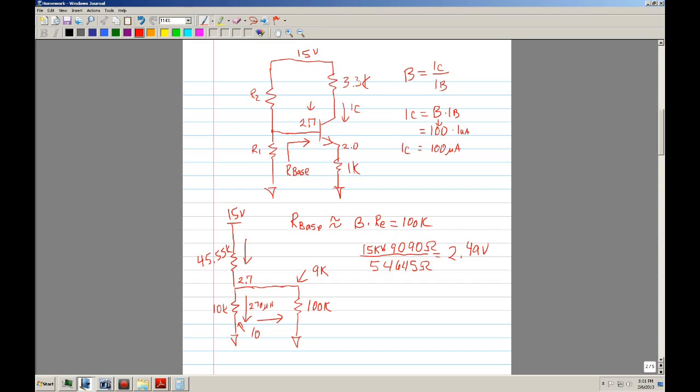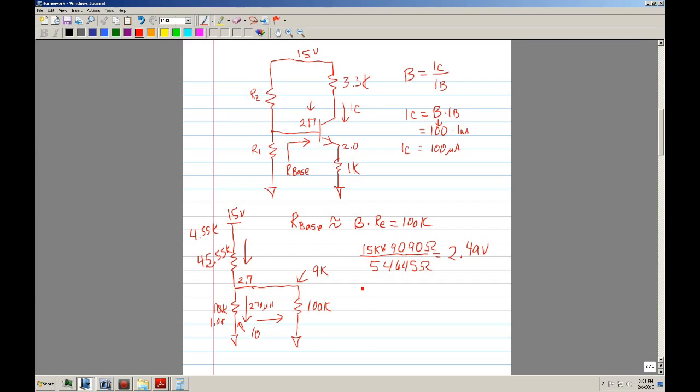Okay? So I mean, it still affected it. We wanted 2.7. Okay, then we can do this. Let's divide this by 10. So in other words, 4.55K, make this 1K.